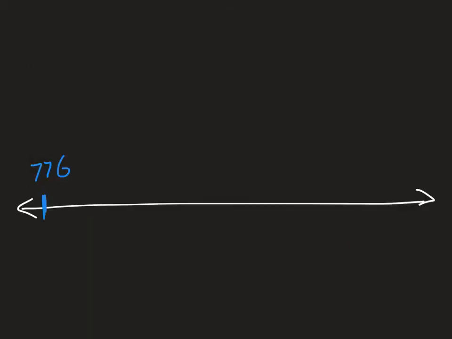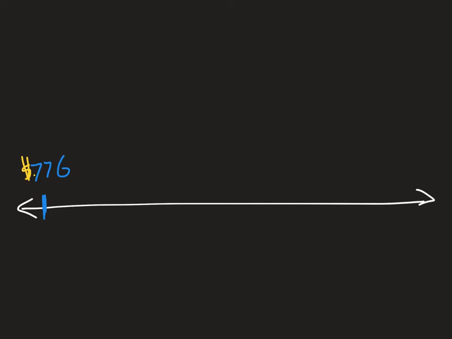Okay, today's topic is using a number line to skip count. Right here, I started with $776. Now, what we're going to be doing is using this number line to show us skip counting from $776 to $900. We already did that hard part on the other side.